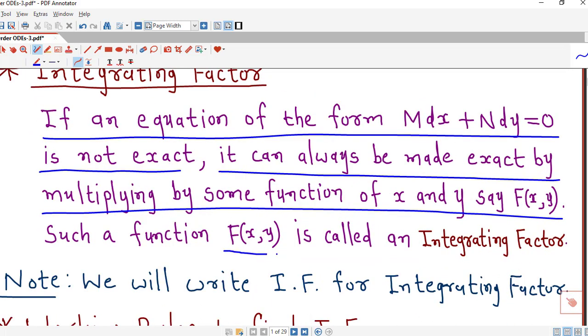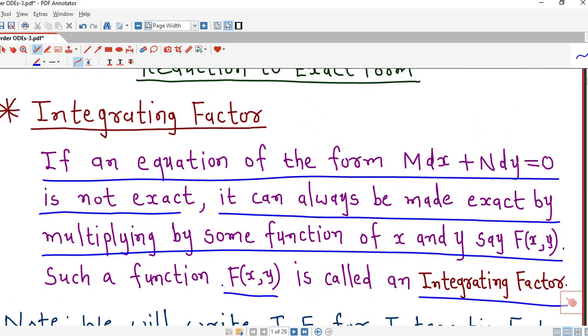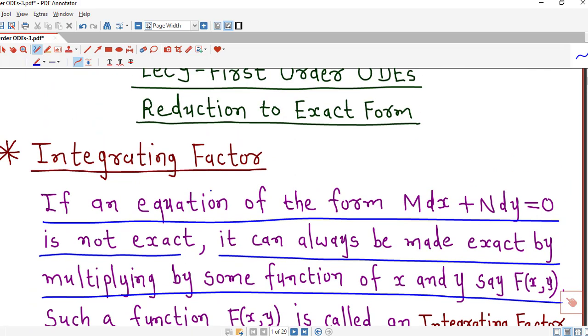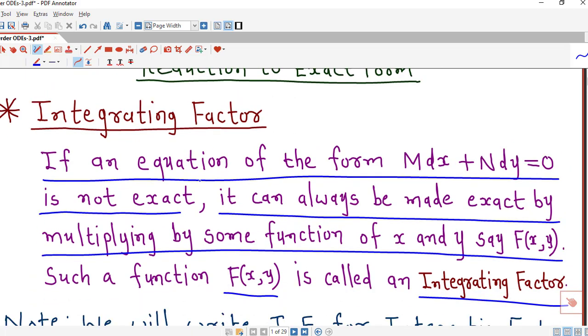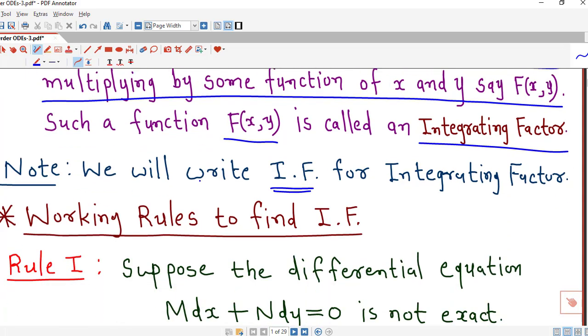Such a function F(x,y) is called an integrating factor. For integrating factor we will shortly write I.F. So as I discussed, there is no general method for finding integrating factors, but we can have some working rules for deciding integrating factors. So we discuss them one by one.